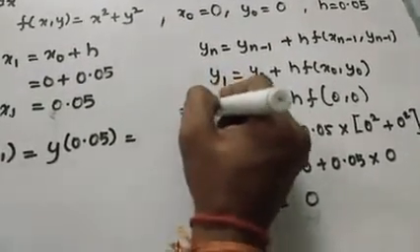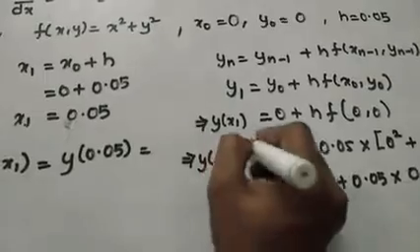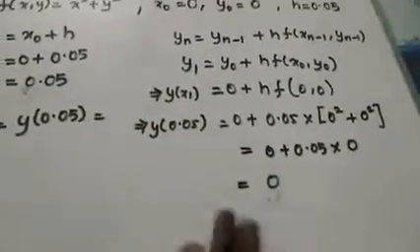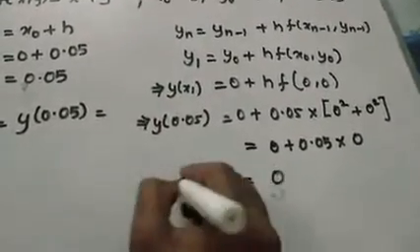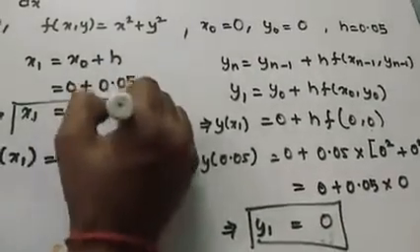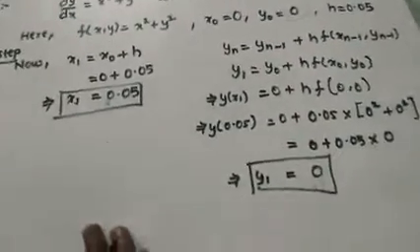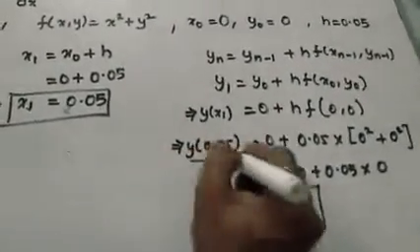We know that y1 is nothing but y of x1, which is y of 0.05. So y1 is 0. From the first step, y1 is 0 and x1 is 0.05. So we have found y of 0.05.